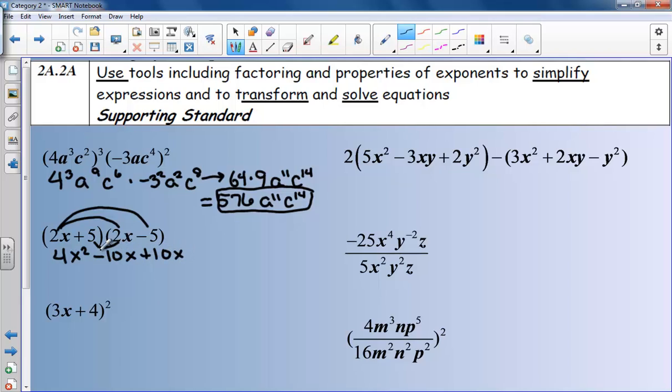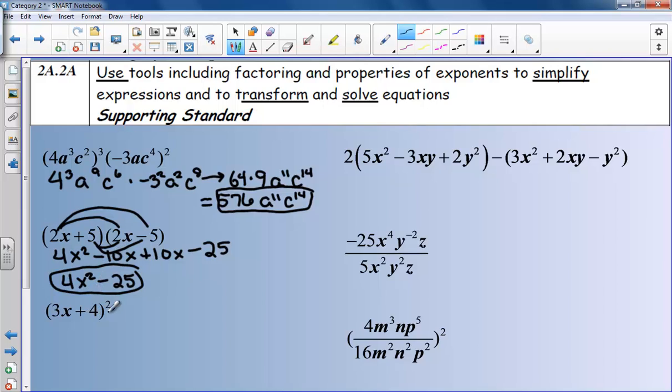And then last times last, which is negative 25. And we're going to combine like terms, so I have 4x squared. And in this case, I had a negative 10 and a positive 10, so those are going to become 0x. So I don't need to write that down. Minus 25. And there's my simplified version.